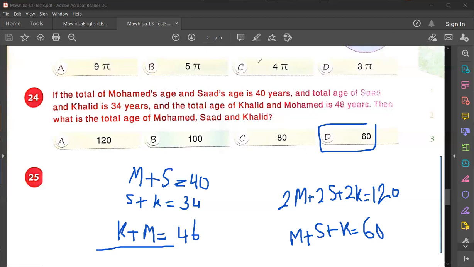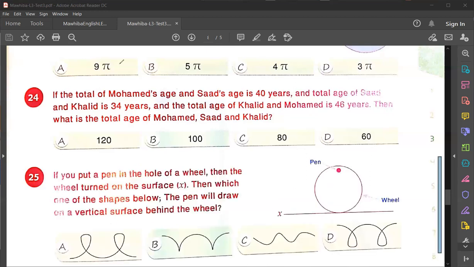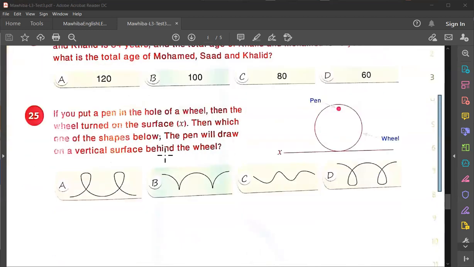Okay, the last question. I want you to think how to solve this problem. If you put a pin in the hole of a wheel, and the wheel turns on surface X, which one of the shapes below will the pin draw on a vertical surface behind the wheel?